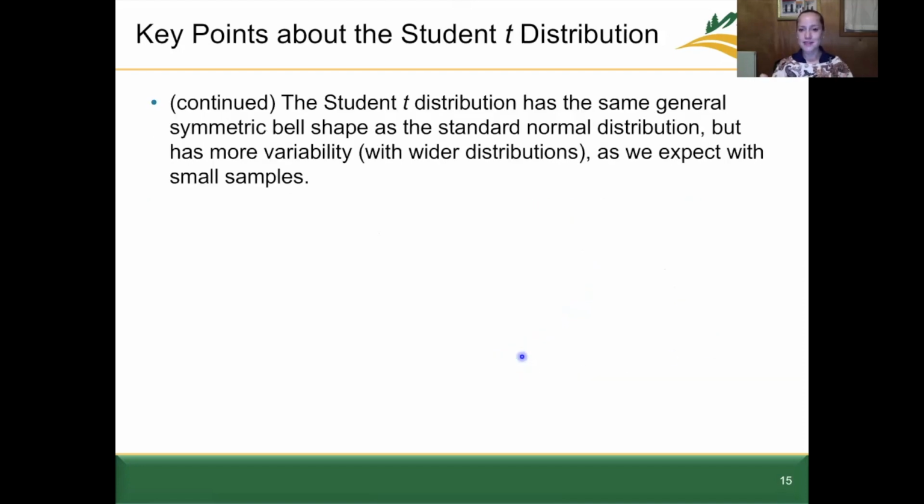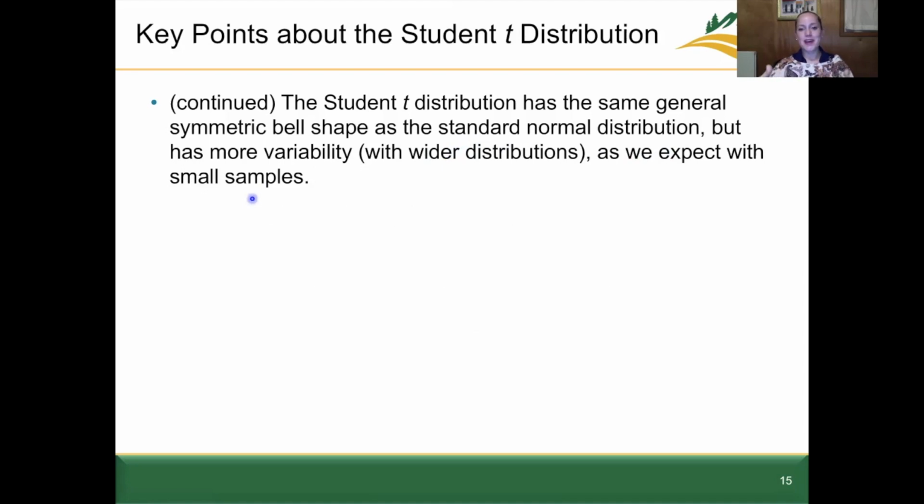So more on this difference between standard normal distributions and our t-distributions is that student t-distributions, again, have that same general shape. So they're symmetric, they're bell-shaped, as are the standard normal distributions, but student t-distributions have more variability when we have small sample sizes like this. More variability in a distribution leads to a wider distribution.